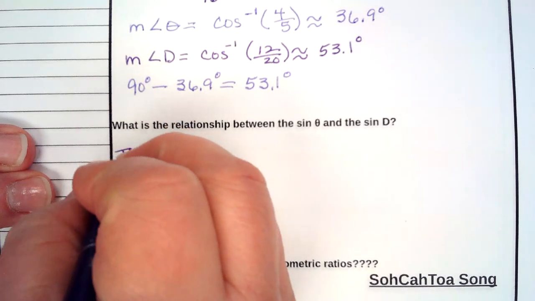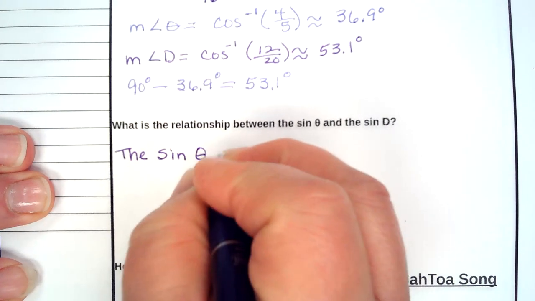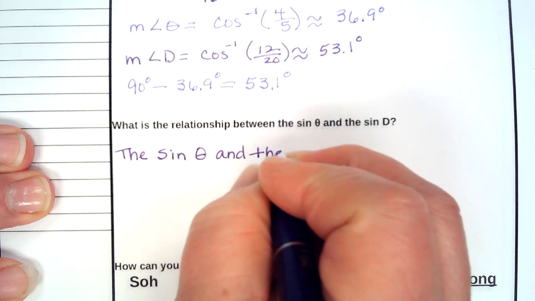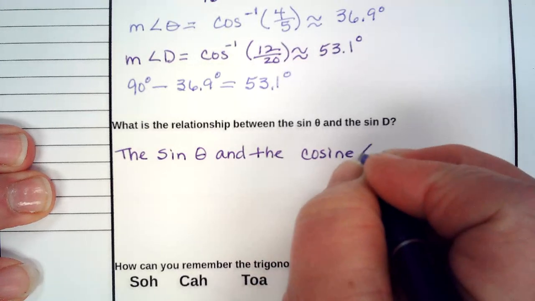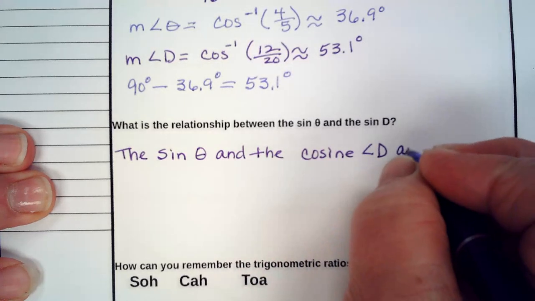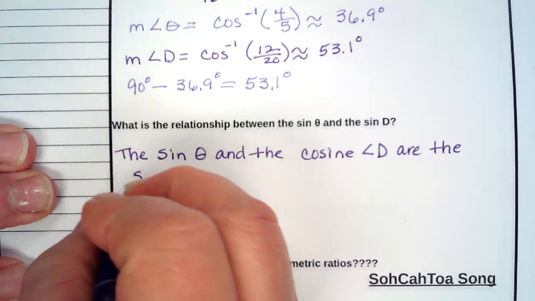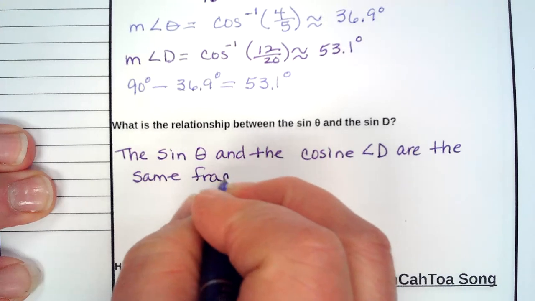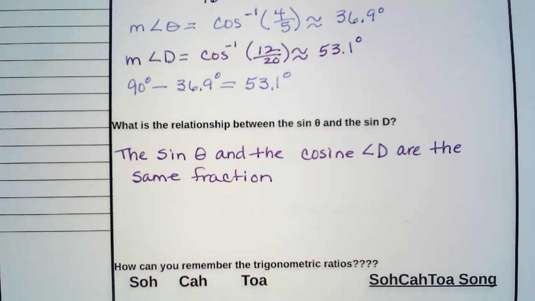But the sine of angle theta and the cosine of angle D are the same fraction. So the cosine of one and the sine of the other are the same fraction.